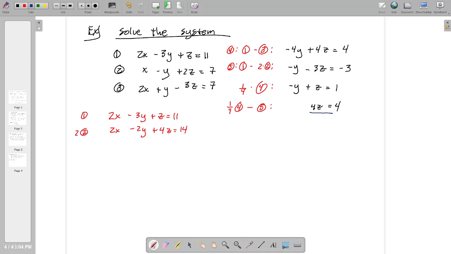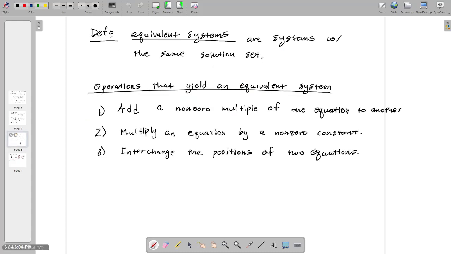Notice I have this equation, this equation, this equation, and any one of these 3 equations is a triangular system. Now this triangular system will yield the exact same solution set because so far we've only followed these steps.